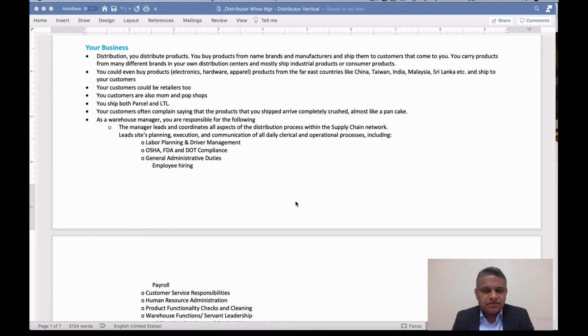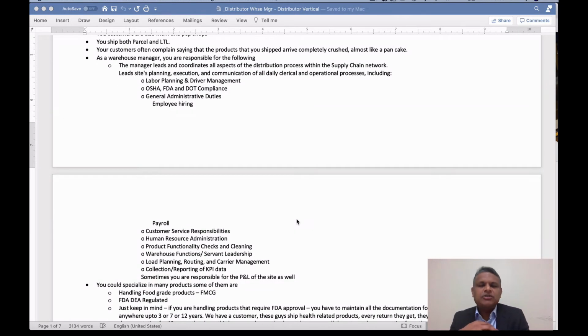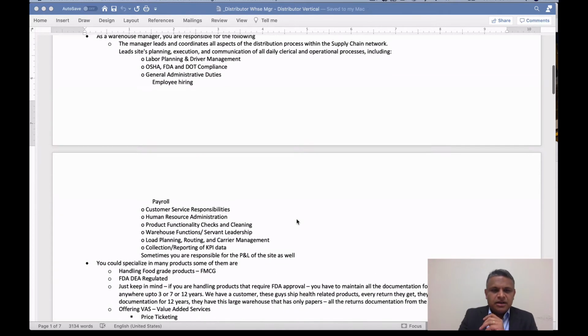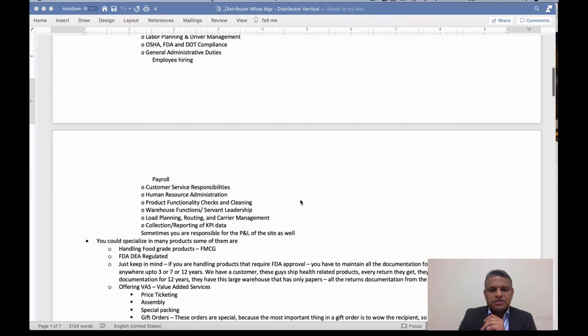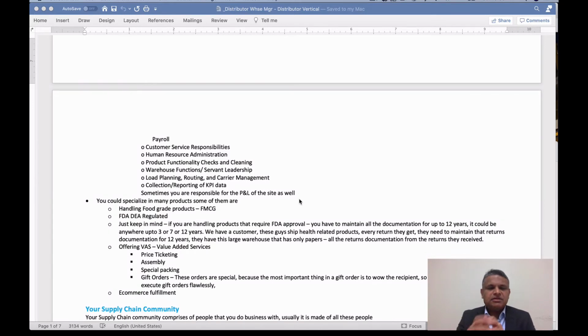Obviously, you have your regular duties as a warehouse manager. All that is there as well. So the manager leads and coordinates all aspects of the distribution process within the supply chain network, leads site planning, execution, and communication of all daily clerical and operational processes, including labor planning, driver management, OSHA, FDA, DOT (Department of Transportation) compliance, general administrative duties. So you have all these challenges, right? You have to make sure good employees are hired, payroll is processed, and answer any customer service questions.